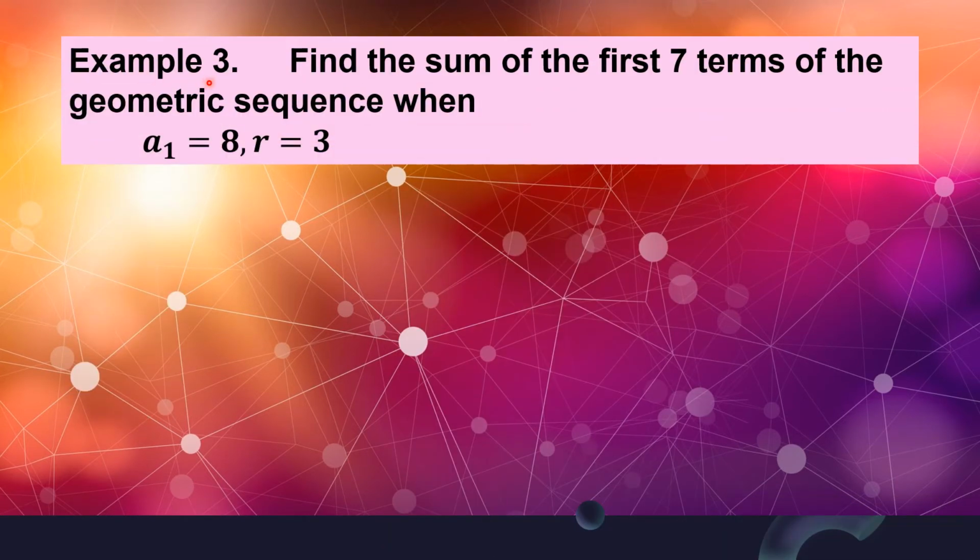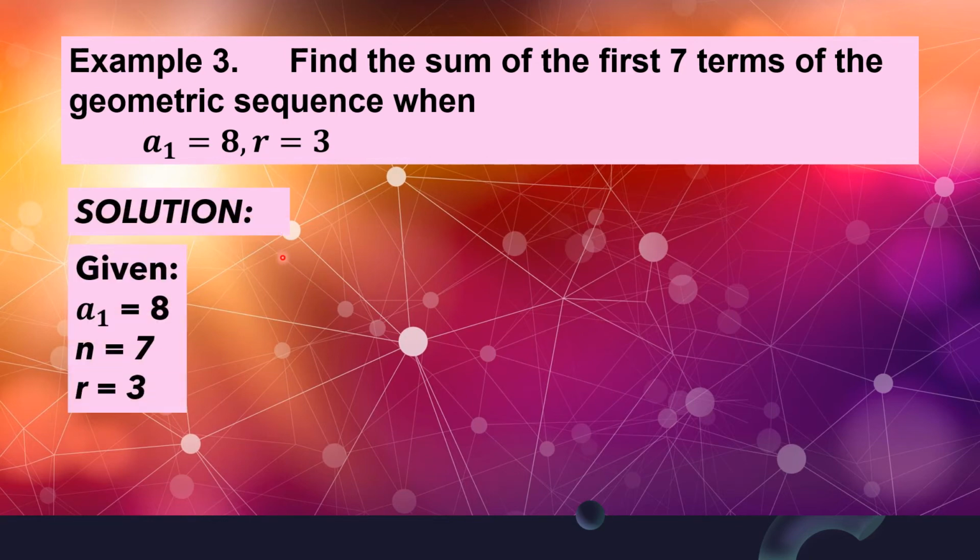Example number 3. Find the sum of the first 7 terms of the geometric sequence when a sub 1 is equal to 8, r is equal to 3. So the given are, a sub 1, our first term is 8, and the number of terms is 7. Then the common ratio is 3.